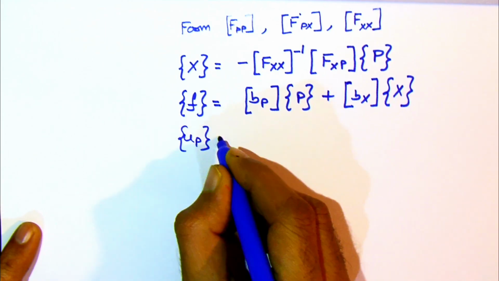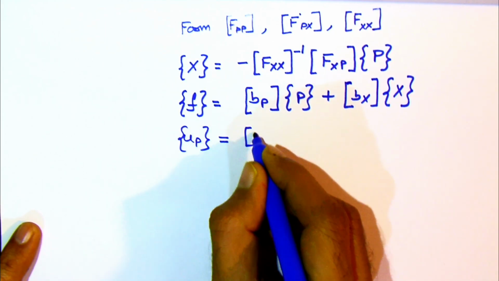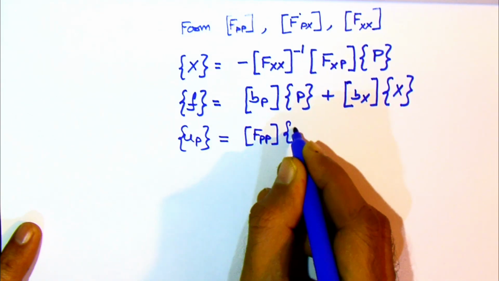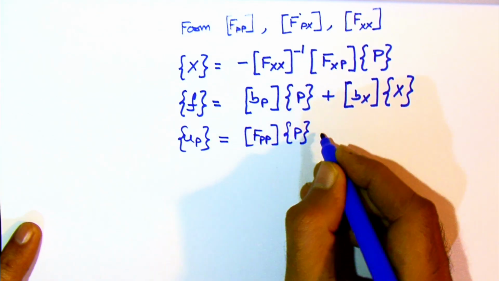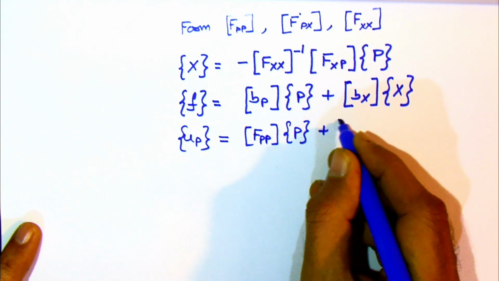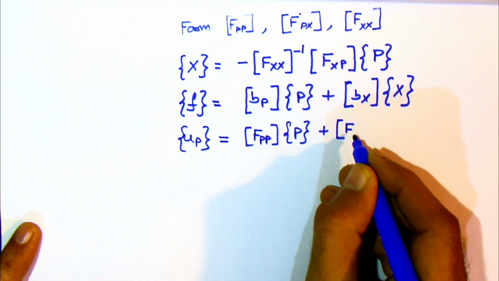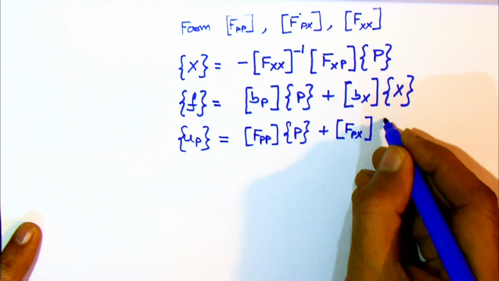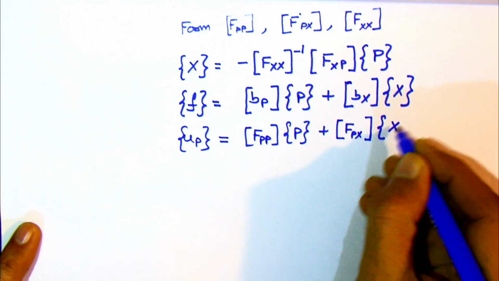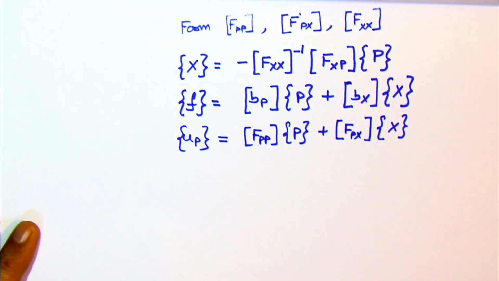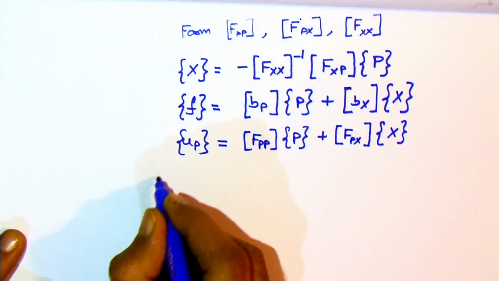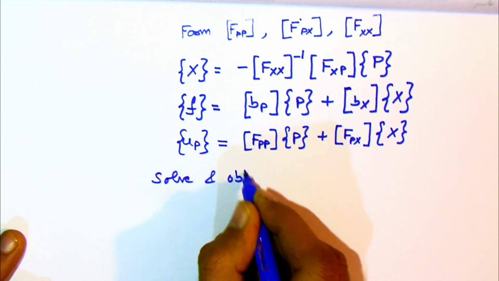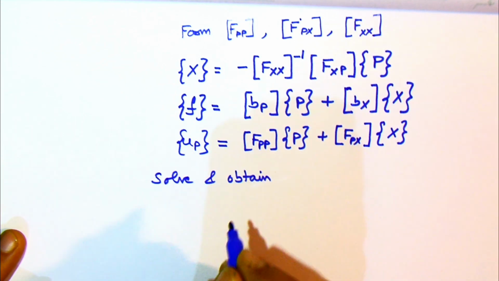After X has been obtained, we can then also obtain the unknown displacements UP by FPP into P and FPX into X. So with this procedure we can obtain the complete solution. You can do this as a homework and obtain the final answer in the form of the displacements.